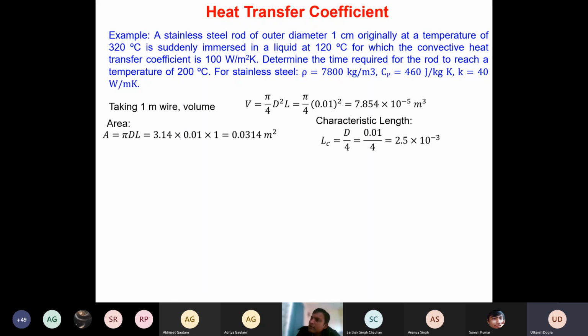Sir, why have we divided volume by area? I did not understand. Because we are not using a spherical surface here. It's a cylindrical surface, isn't it?